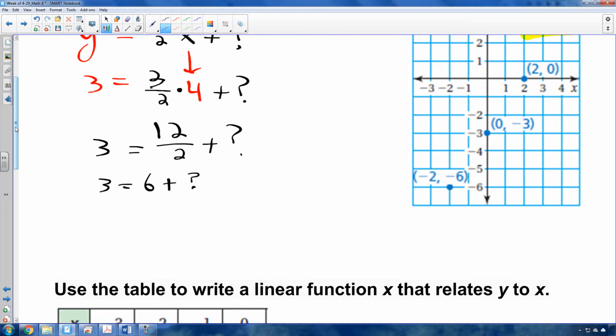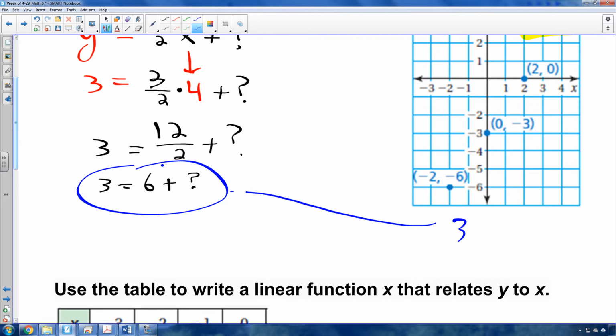So what I could tell you to do is even think of this like an equation. Even think of this as 3 is equal to 6 plus a for a number, right? And how do we get a alone? Think about that. Anybody want to jump in and tell us how we get a alone? Yes? Yeah, subtract 6, right? Subtract whatever's with it.